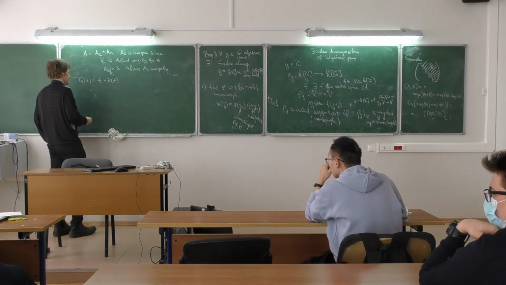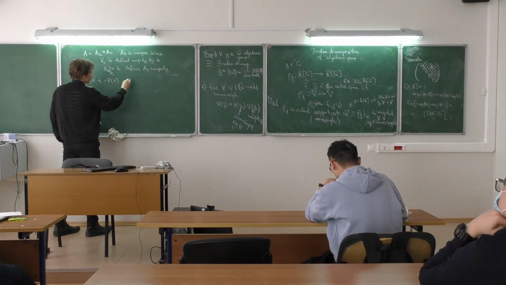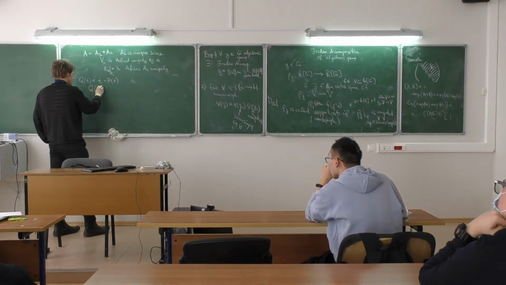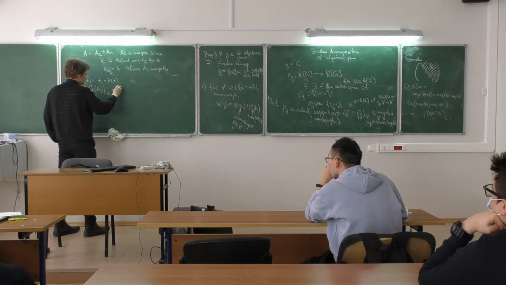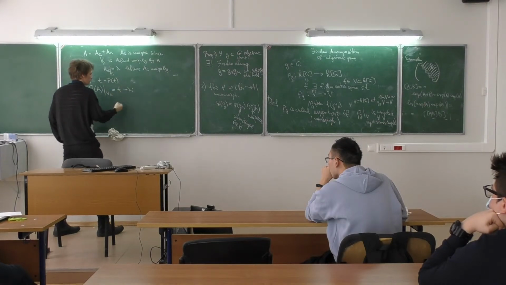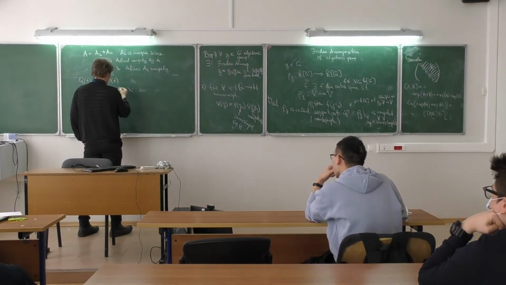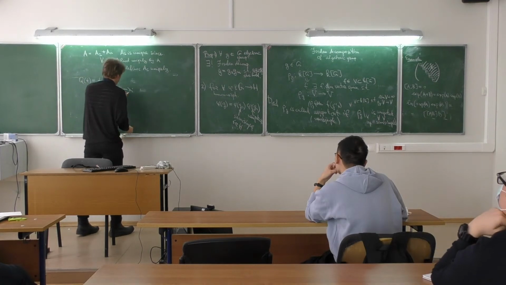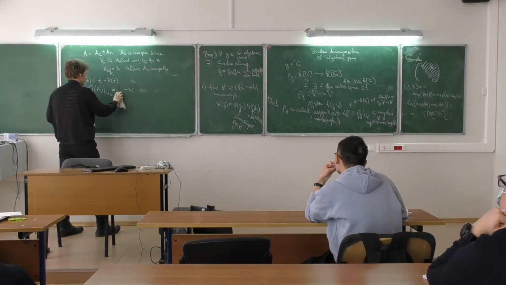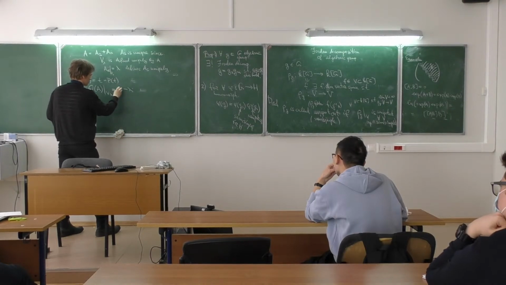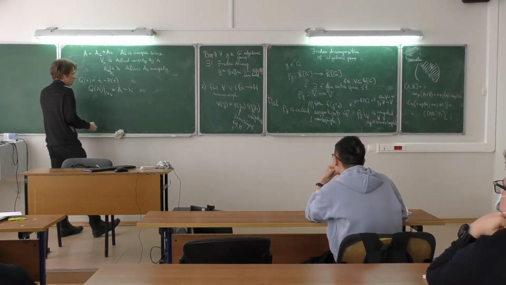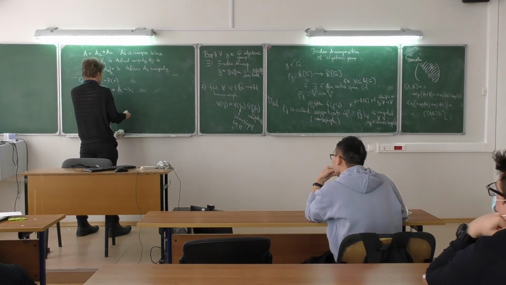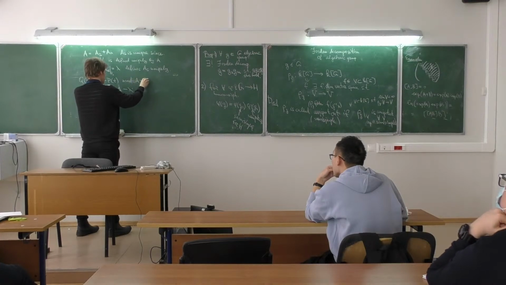I have just forgotten to say, thanks to Chen for recalling this, that when you restrict Q of A to V_lambda, this is just t minus lambda I. Sorry, if you restrict it, this will be A minus lambda I, but everything is taken modulo A minus lambda.